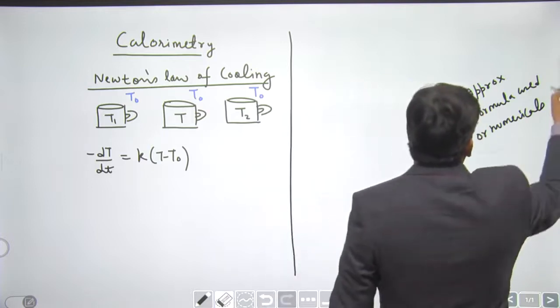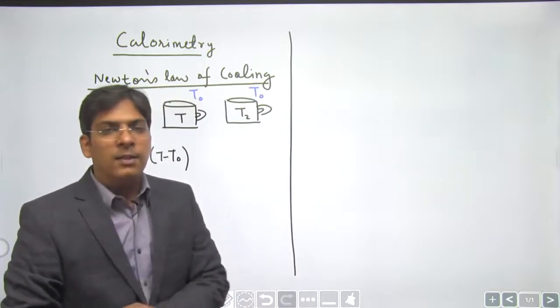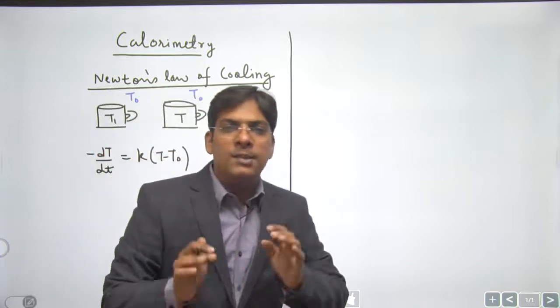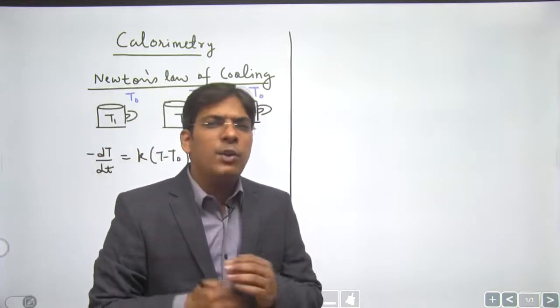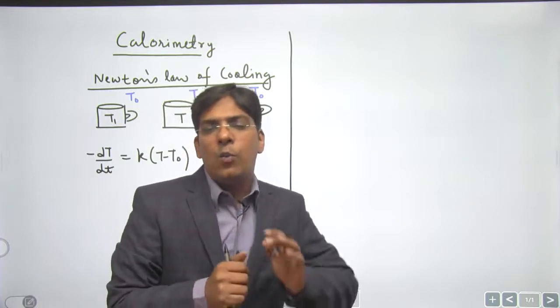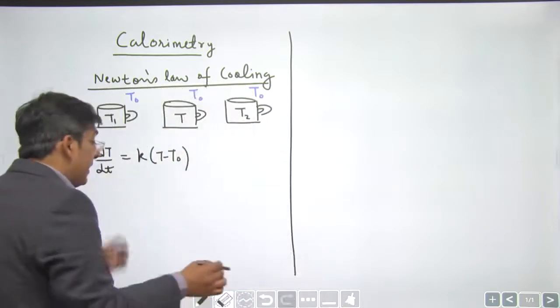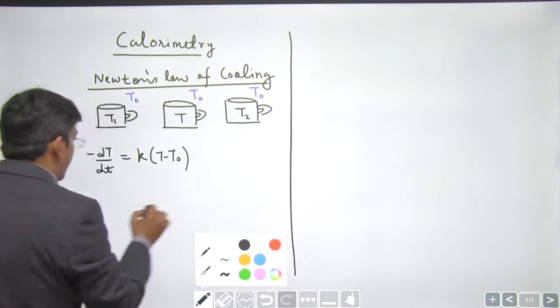What will happen if the difference is much greater than 40 degrees Celsius? In that case, we use Stefan's law. So you can say that Newton's law is a special case of Stefan's law when the temperature difference is up to 40 degrees Celsius. We'll be dealing with Stefan's law after this topic.